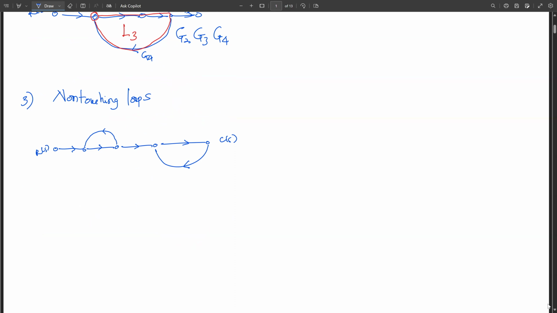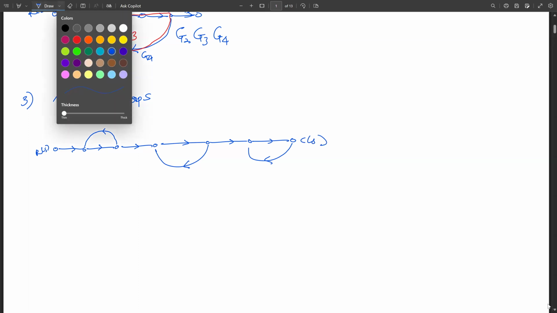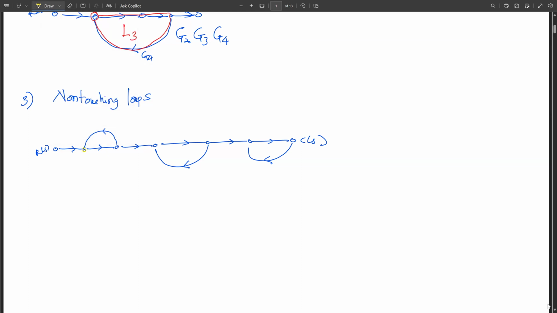Let's see, you have another one to here, this goes on this way, and that goes on that way. So we have this one right here. This qualifies to be a loop because I start from here and I end up on the same node: loop one.